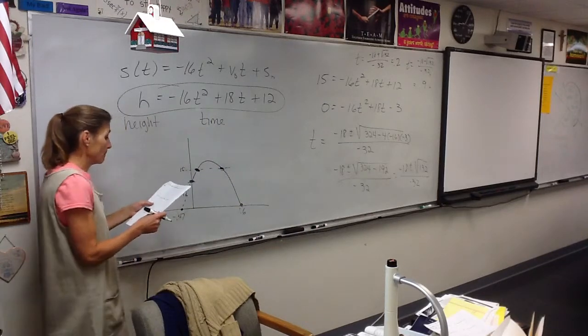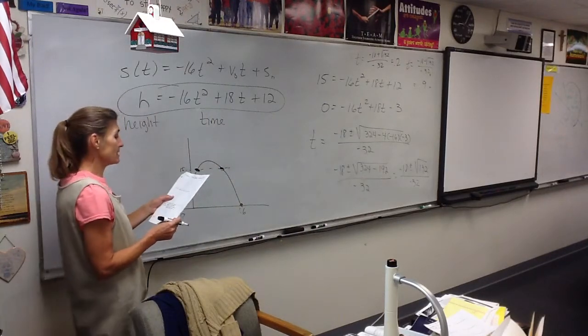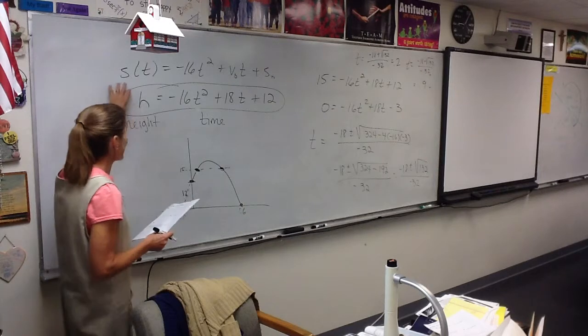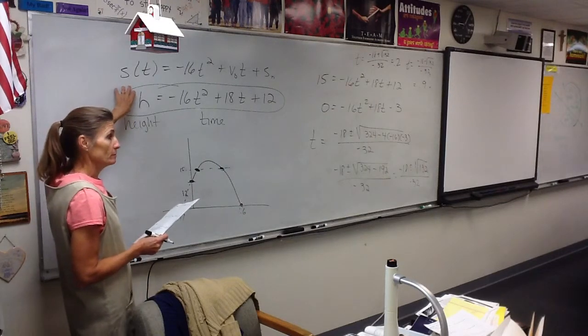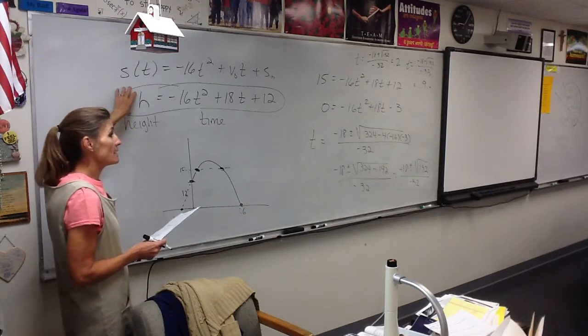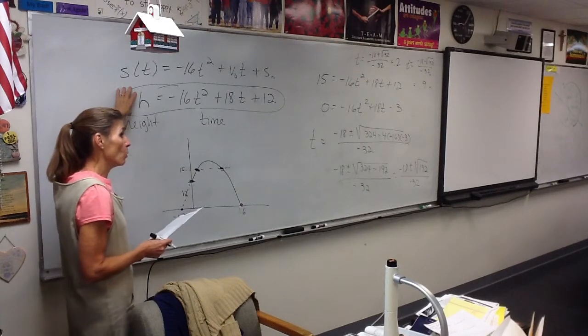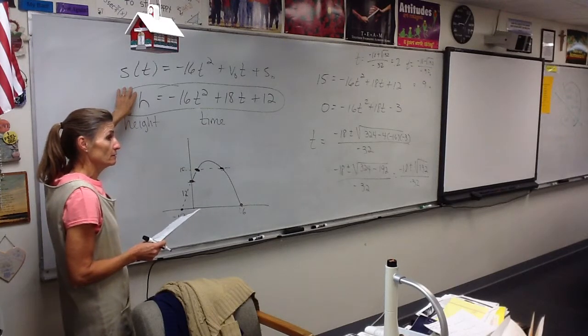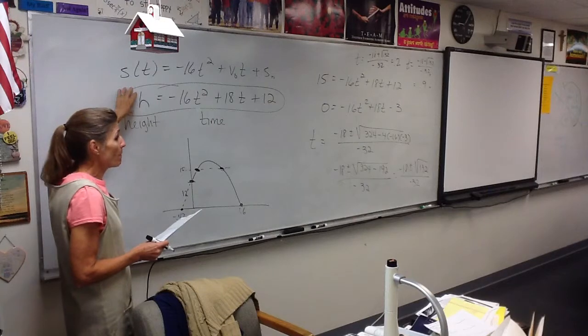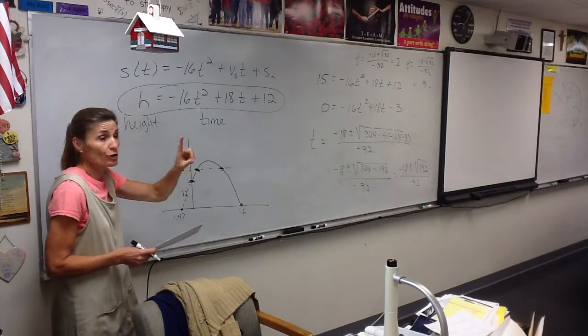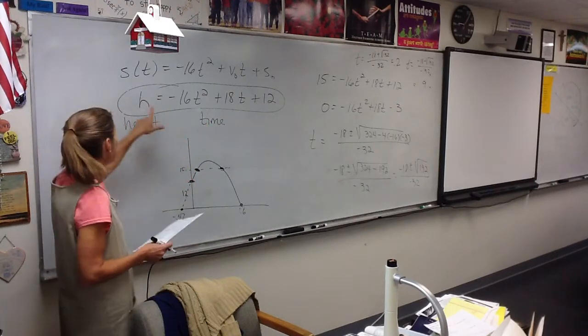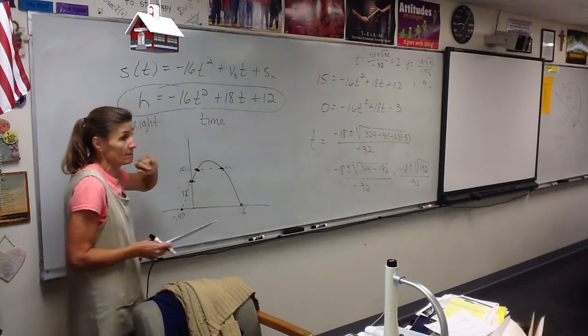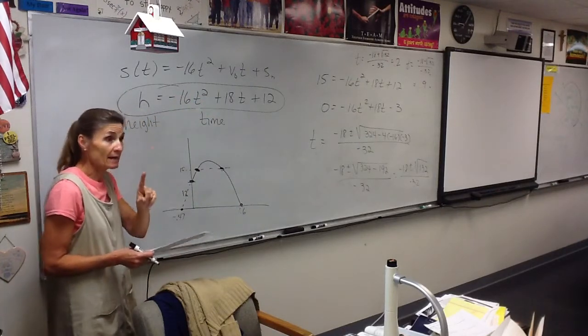Last question. How high is it after 1 second? So go back to your equation. How high is it after 1 second? Right, remember, they gave you the number 1. So you're going to do something with the 1. You've got to put it in for the H, or you've got to put it in for the T. T, it's 1 second.